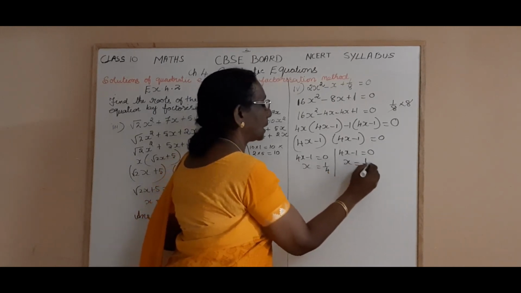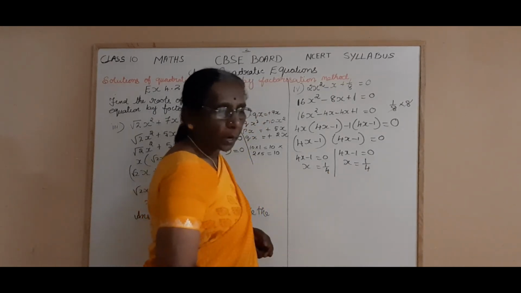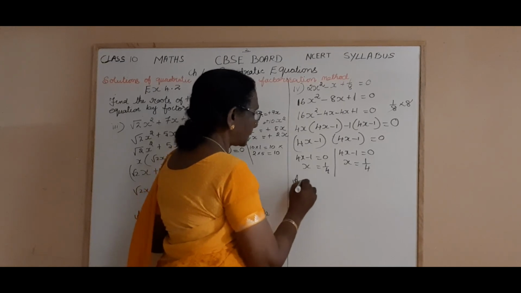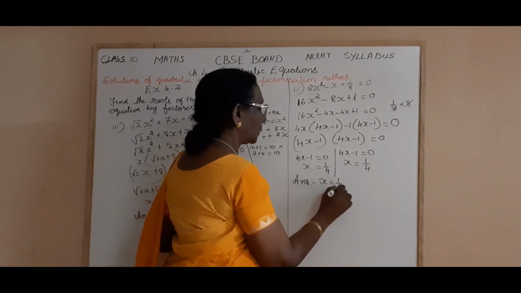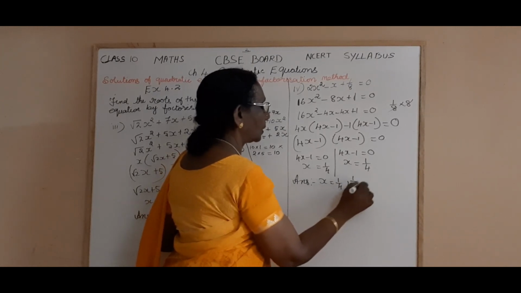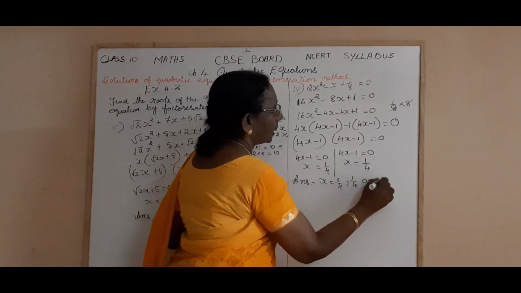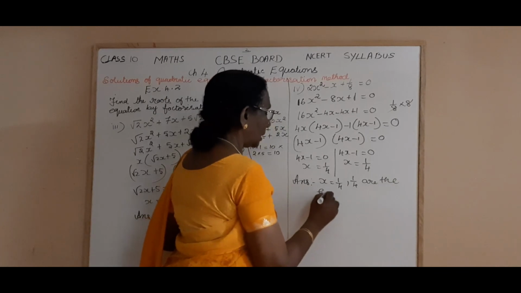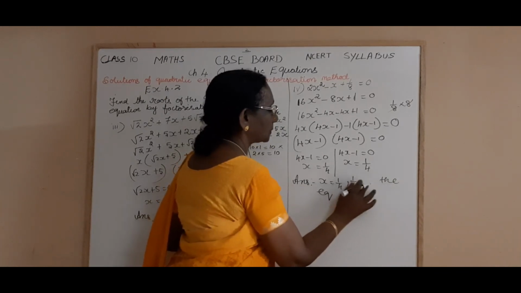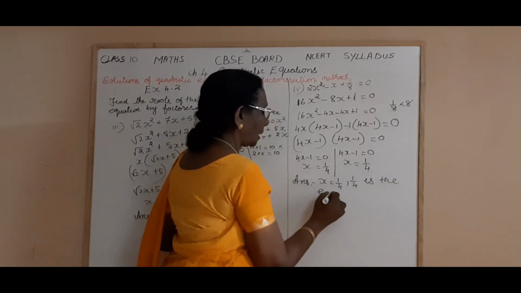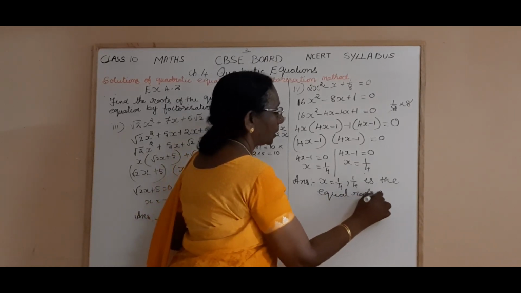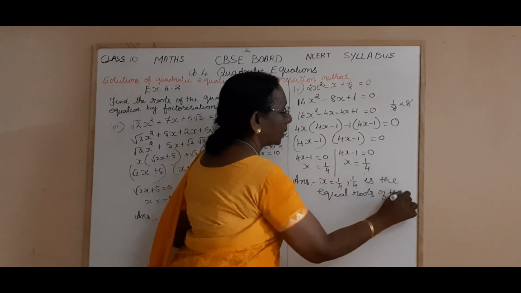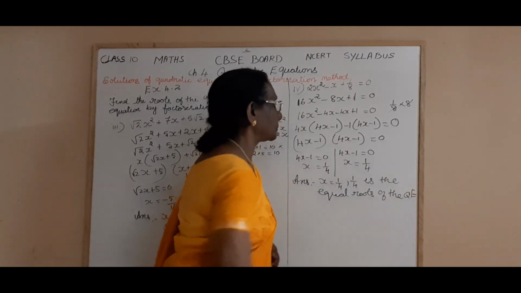What are the equal roots? 1 by 4 comma 1 by 4. So write the answer. X is equal to 1 by 4 comma 1 by 4 is the equal roots of the quadratic equation.